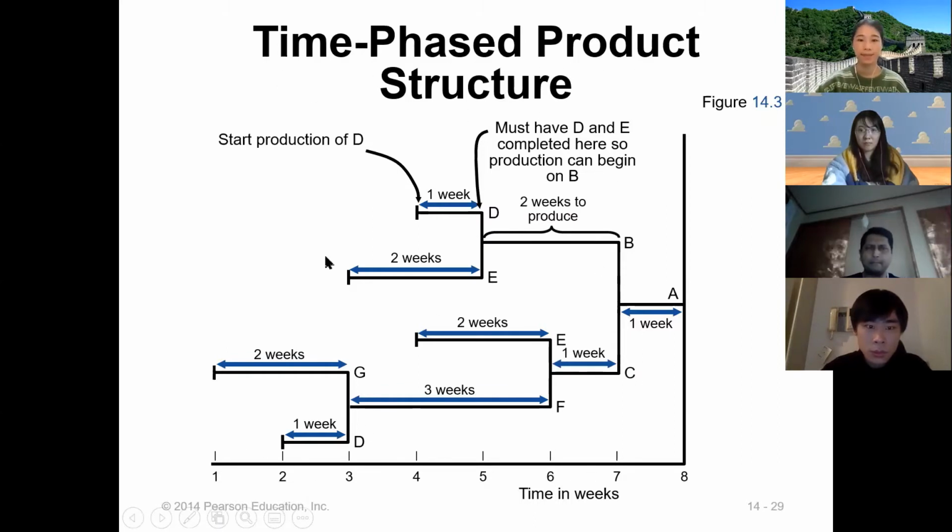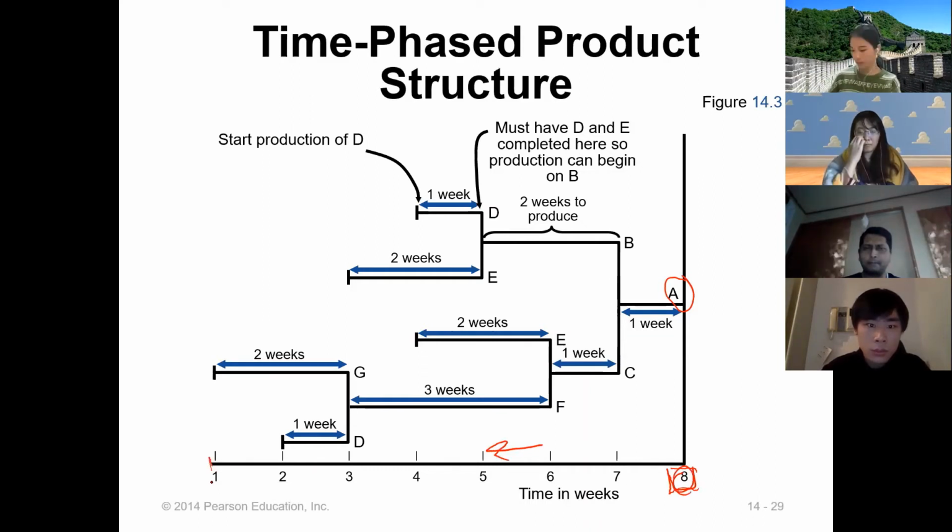From the time phase product structure, we know, for example, how long it takes to produce A, which is the final product. It's actually taking 7 weeks. It's not 8 weeks, because we want it at week 8, so we work backwards. We want it at week 8, so when should we start?